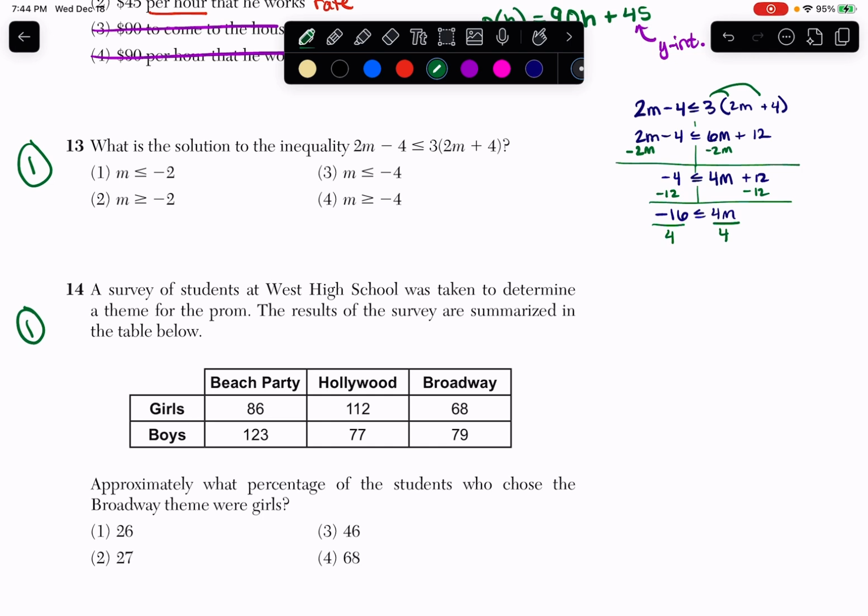In this case, I'm dividing by a positive number, so I do not need to flip my sign. I end up with negative 4 is less than or equal to m. But I noticed that they wrote everything with the m in front. So if negative 4 is less than or equal to m, that's the same as m is greater than or equal to negative 4.